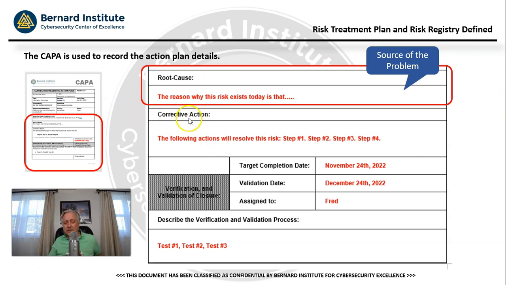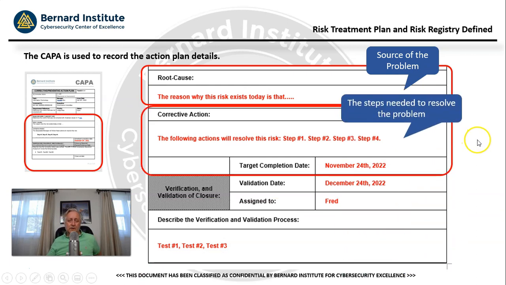And then you need to make a corrective action. Now, I recommend that you have 1 to 6 steps in your corrective action, and each one progressively takes you to a successful conclusion of this. There's no right or wrong number here, but I think the fewer steps you have, the better. If you have 1 to 6, it's a reasonable amount, as long as you can prove logically that it can get you to where you need to be. So that's the corrective action.